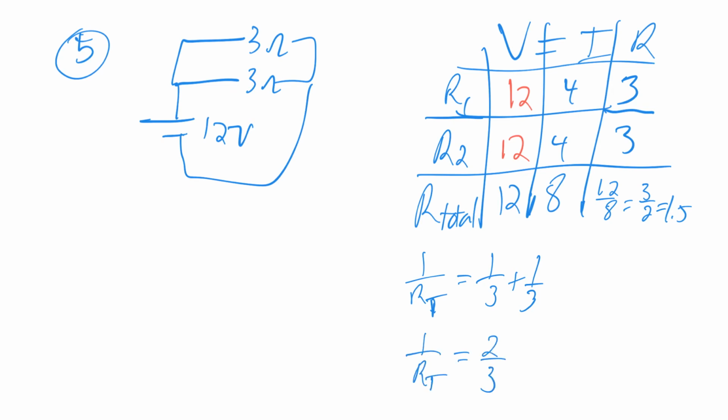Now, most people think, wait, those are 2 different answers. 3/2, 2/3. Except, take a look. This is 1 over RT. So to solve, I have to take the inverse of this, which means I have to flip both sides. So if I flip both sides, I would get RT equals 3/2, which is the exact same answer as we predicted above. So you could have also just found the resistance and found the current, and you would have gotten 8 too. That would have worked just as well.